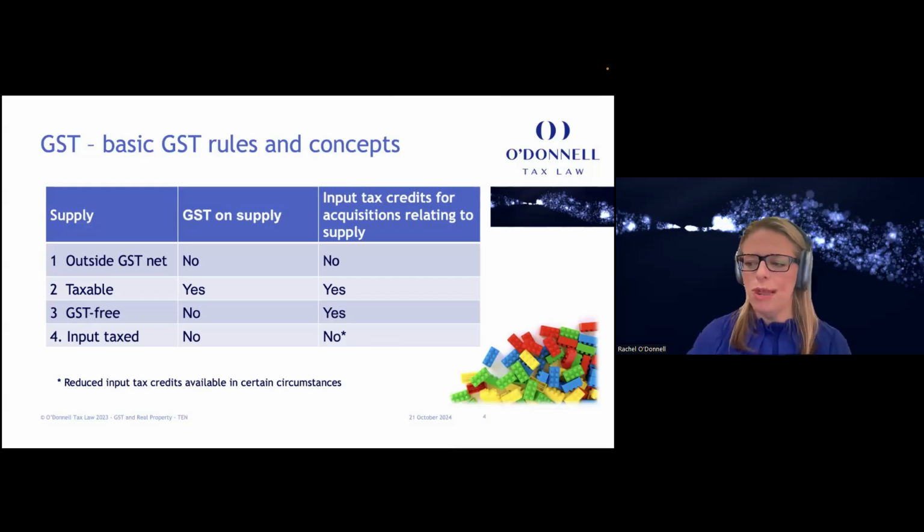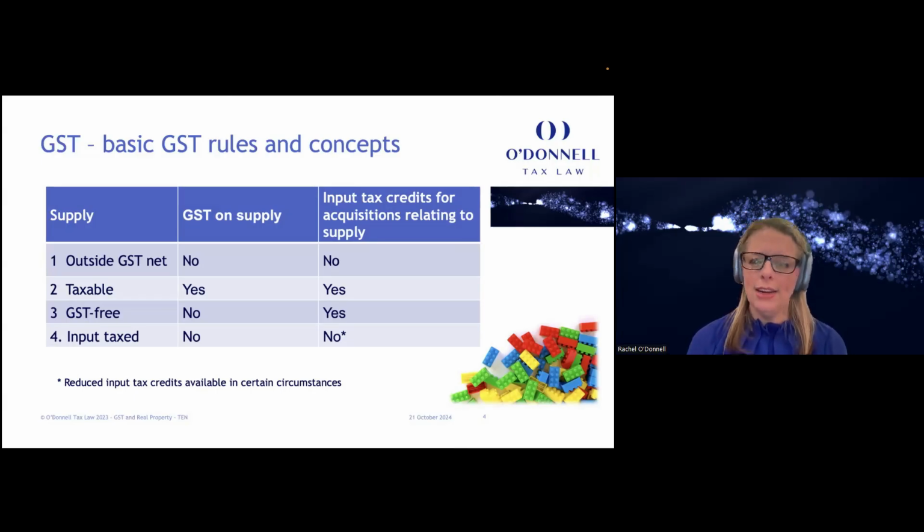So a law firm will claim the GST included in the rent that they pay for premises, the GST included in things like stationery and other supplies, and also phone and internet connections and all of those sorts of things. So all of those GST credits that we claim back are called input tax credits, often abbreviated to ITCs. So that's a very important, crucial concept in the GST law.